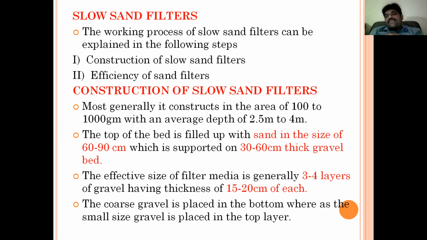The coarse gravel is placed in the bottom, whereas the small size gravel is placed in the top layer. One more time. The sand bed is placed on the top with a thickness of 60 to 90 centimeters, which rests on a 30 to 60 centimeter thick gravel bed. Normally, 3 to 4 layers of bed will be constructed with 15 to 20 centimeters each if we go for gravel.